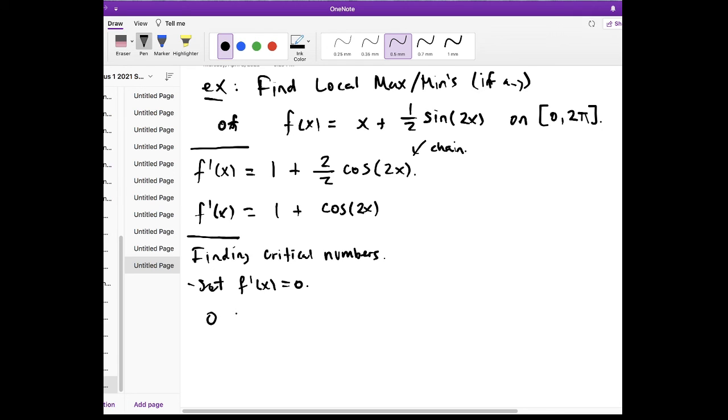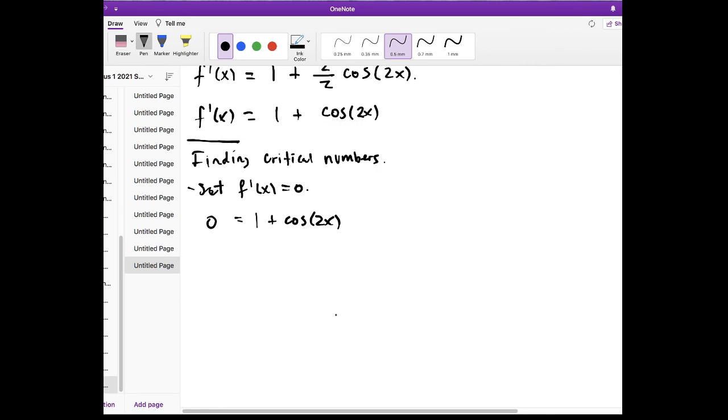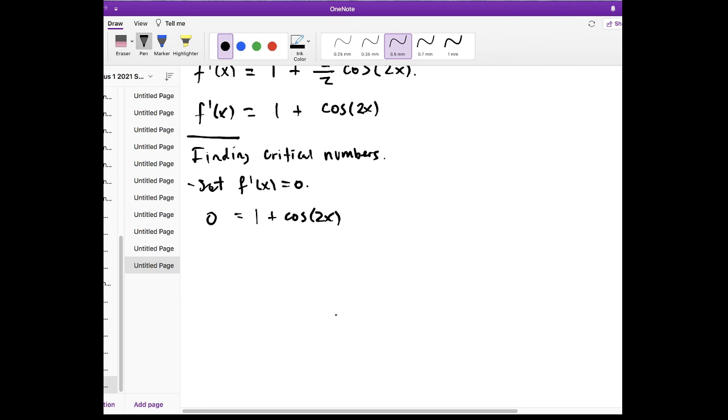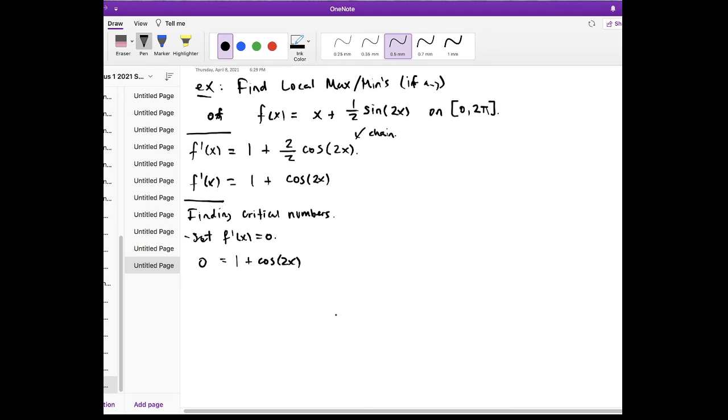Okay, so we have 0 is equal to 1 plus cosine 2x. How do you solve 0 equals 1 plus cosine 2x? We did an example similar to this a couple classes ago. How do you deal with cosine 2x?